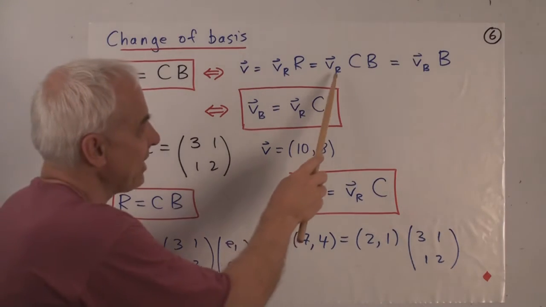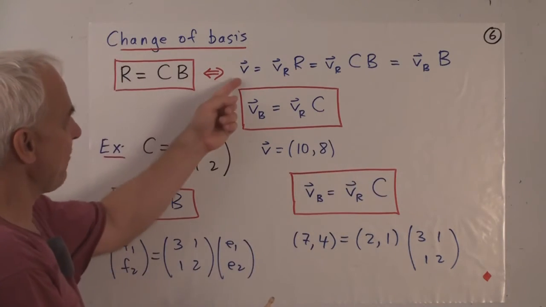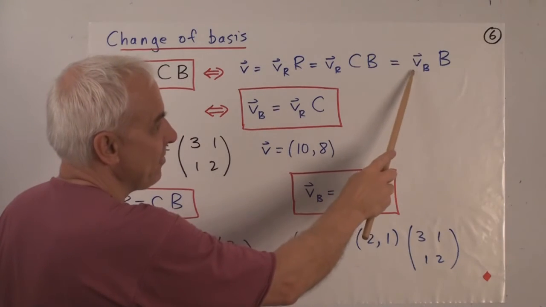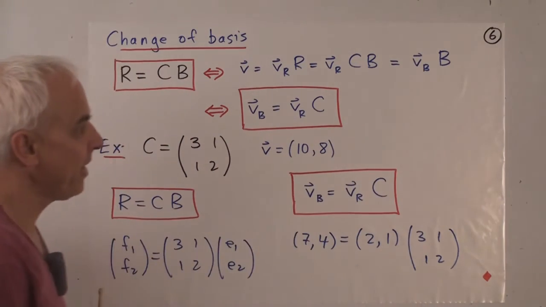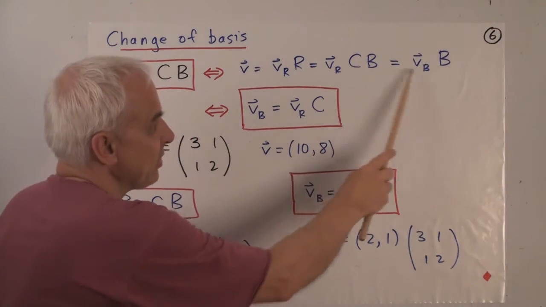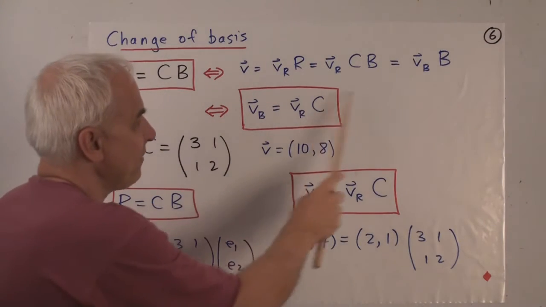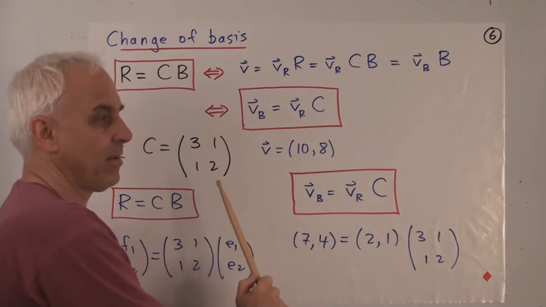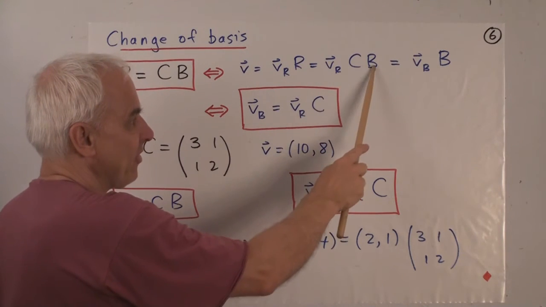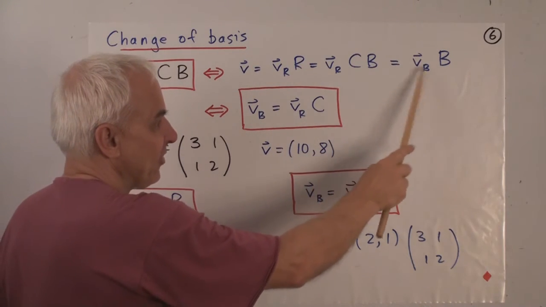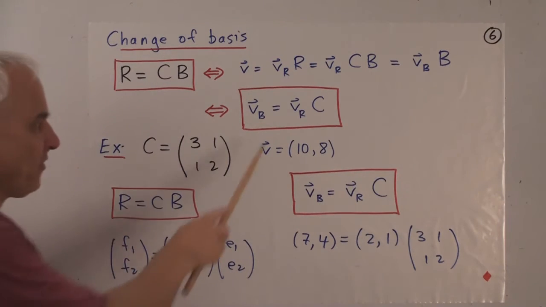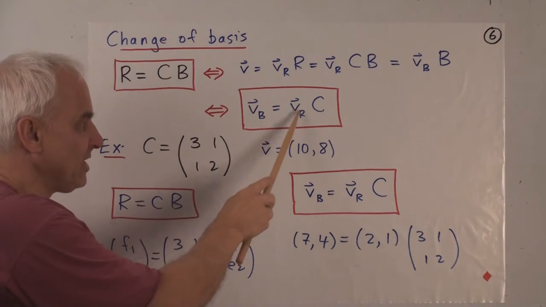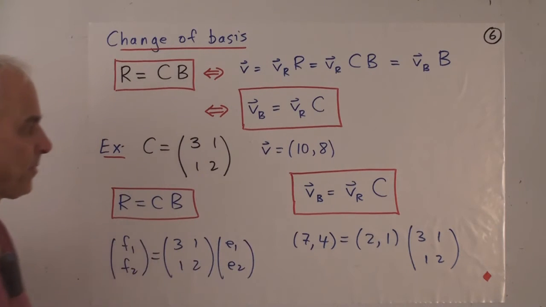And if we think about it in terms of the same vector expressed in terms of Bob's system, V sub B times B, then by staring at these two things here we see that V sub B has got to be V sub R times C. Because this times the matrix B equals this times the matrix B. So V sub B equals V sub R times C.